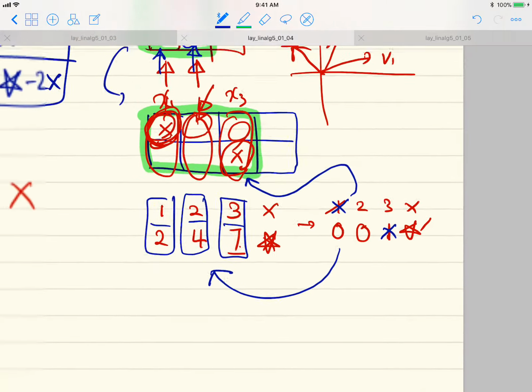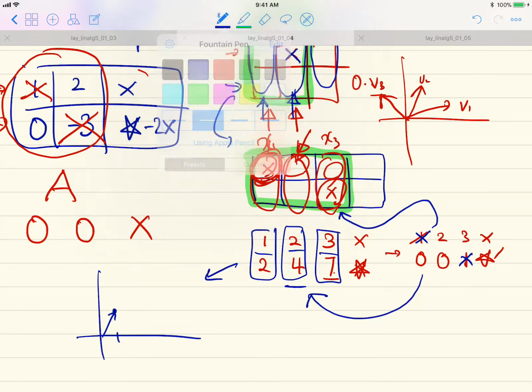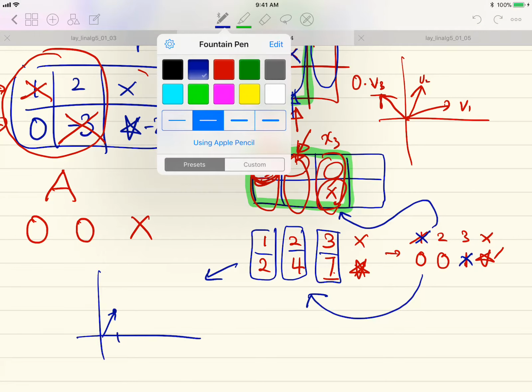So in this case, 1, 2 is here, and where is 2, 4? It is actually along the line of the first vector, right?